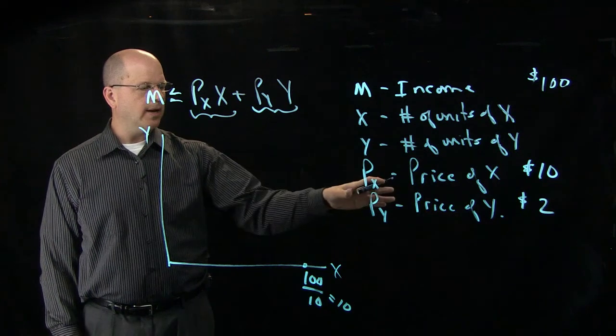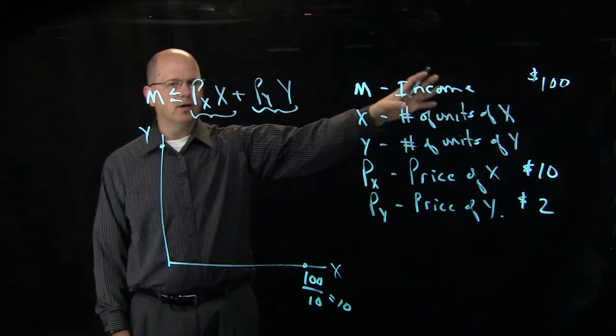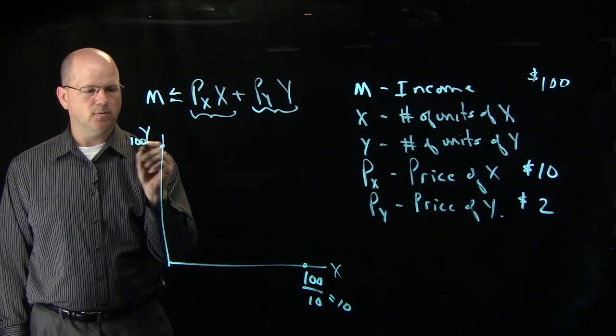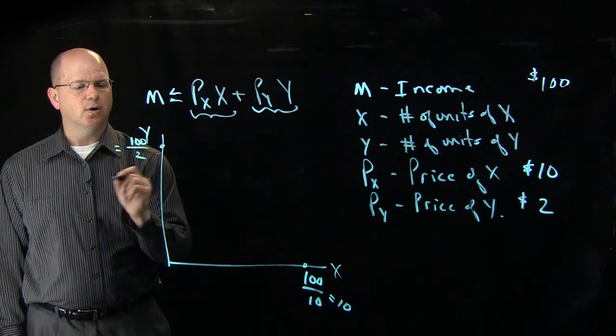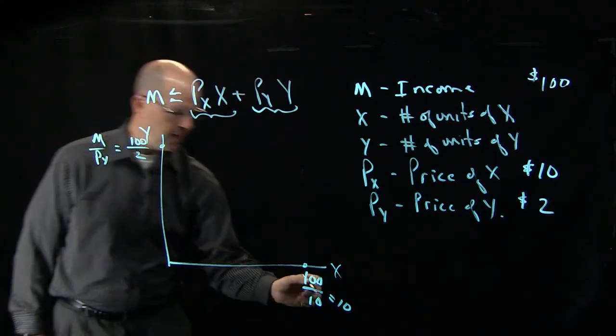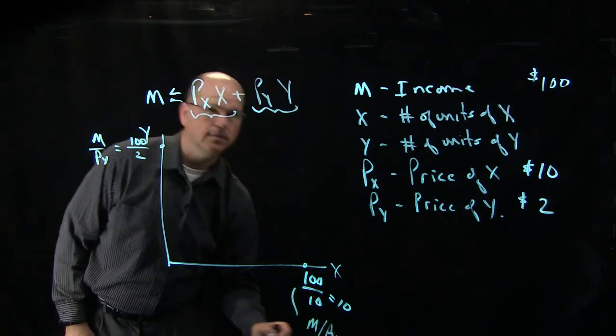And if we only buy good Y, how many units of good Y could we buy? Well, you take all your $100 divided by 2. So this is 100 divided by 2. Or if we want to keep it generic, it's m divided by Py. And here, this one is m divided by Px.